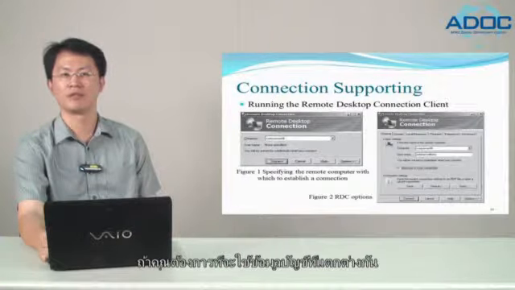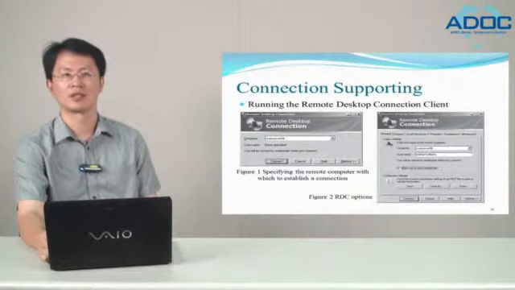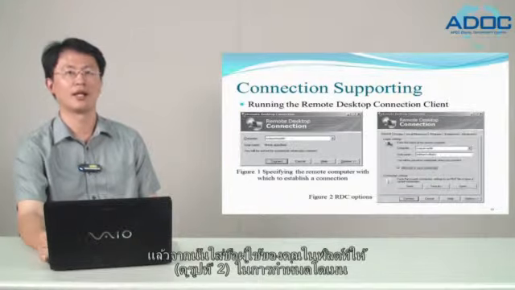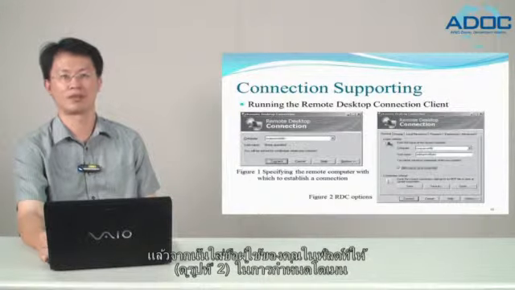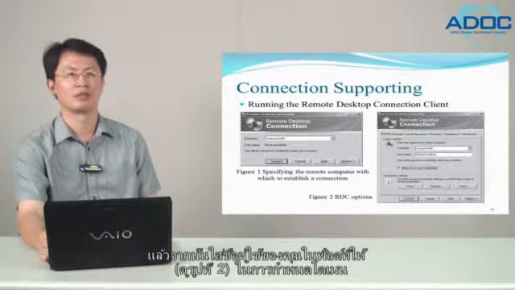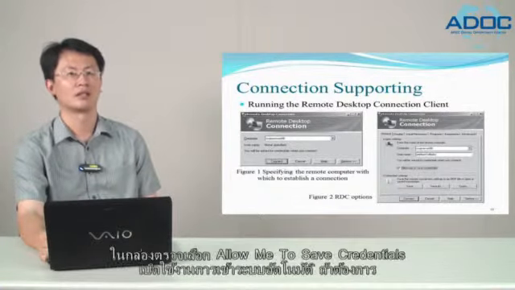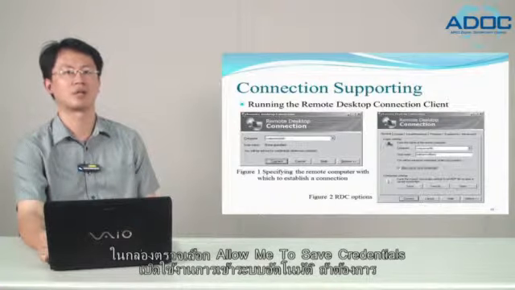If you want to use different account information, click Options and then enter your username in the field provided. To set the domain, select the Allow Me to Save Credentials checkbox to enable automatic logon if desired.